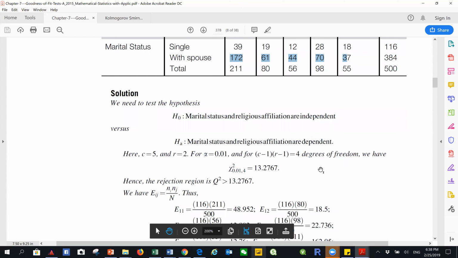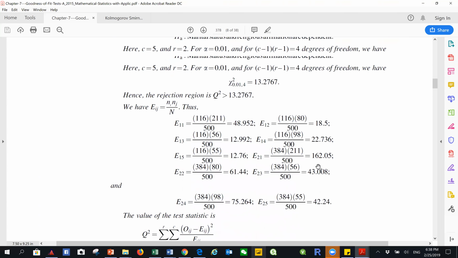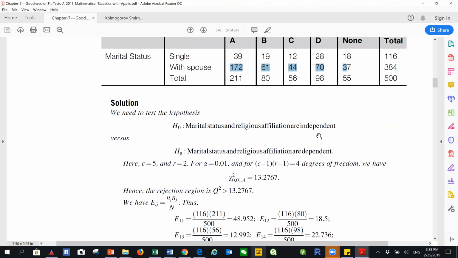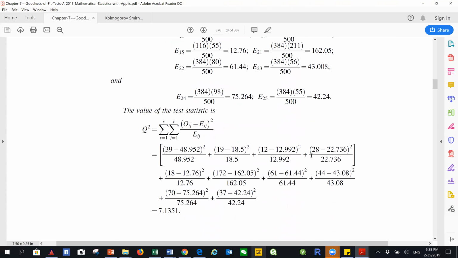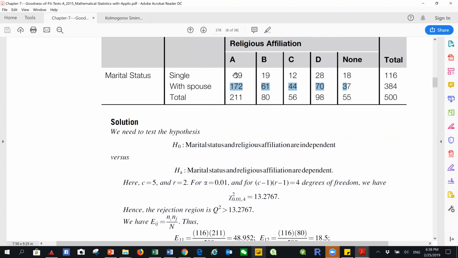Okay, divided by 500. All right, and you do that for all of them to find all the E values. There are 2 by 5 E values, and the observed values, of course, are in that intersection.